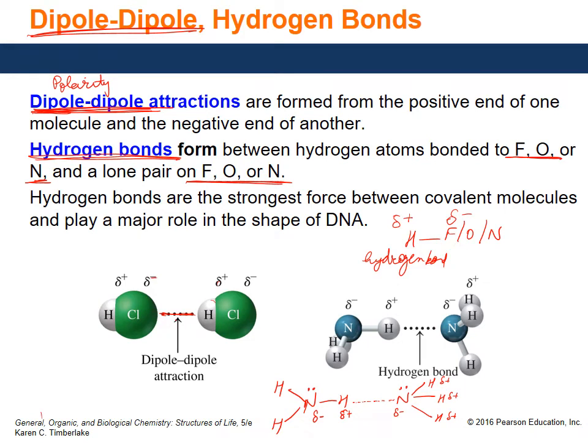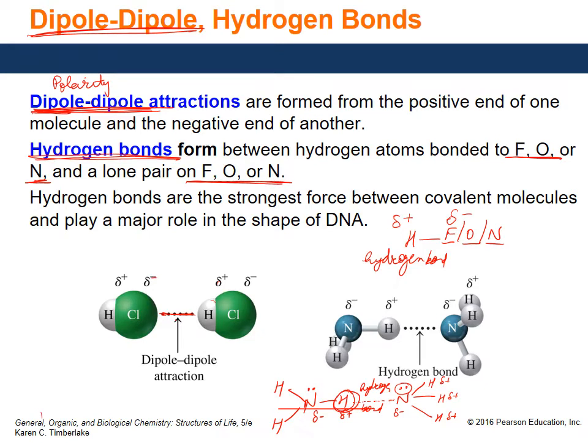And this bond, which is specifically formed between hydrogen and a lone pair on nitrogen, oxygen, or fluorine, is referred to as hydrogen bond. Okay, so remember, only hydrogen which is bonded to fluorine, oxygen, or nitrogen can form hydrogen bond with one of these lone pairs on these atoms, and this is referred to as hydrogen bond.